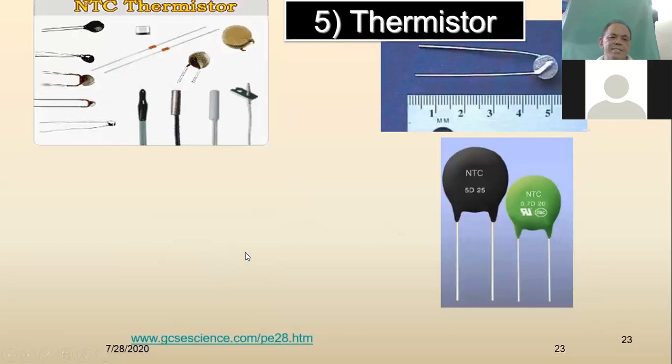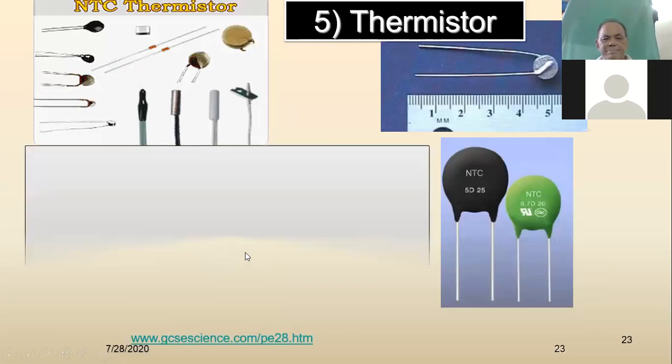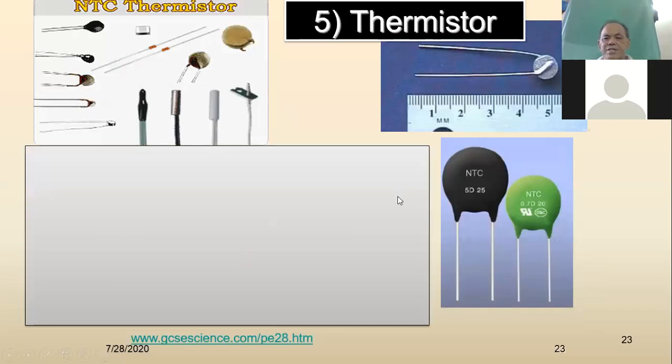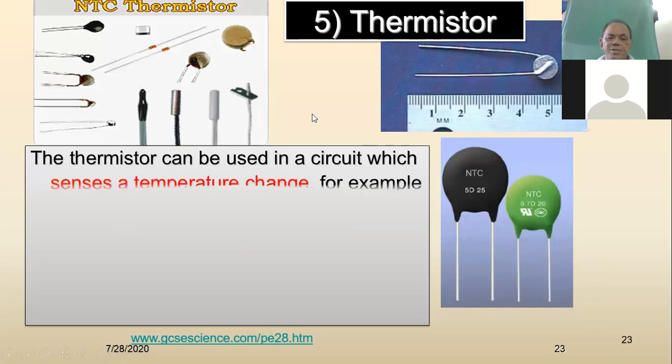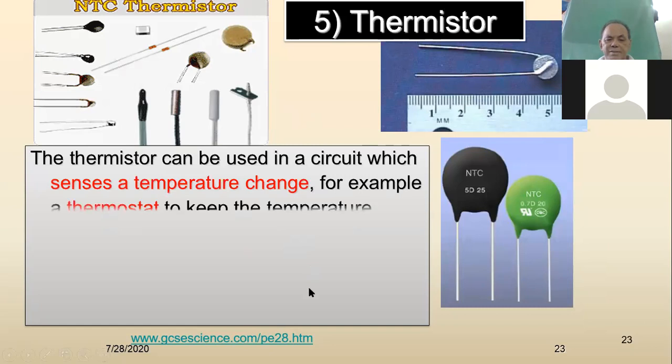Then we come to the thermistor. You can see that it has a different shape, and the ruler will just give you the size of the thermistor. It is used to sense temperature change, as a thermostat to keep the temperature constant.